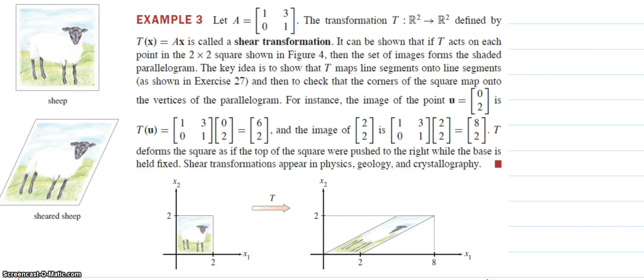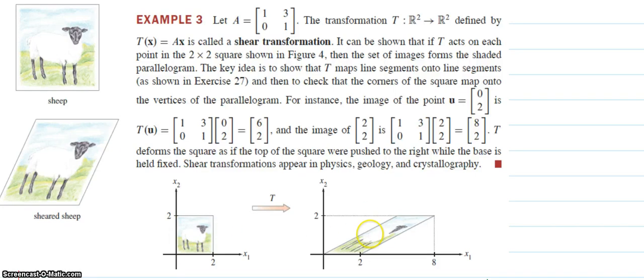That also produces a shear transformation, as you can see here on the left. That's what it's doing, a sheared sheet going to the right. They define T from R2 to R2 as such. And it says here on the second line, it can be shown that if T acts on each point in the 2 by 2 square shown in the figure, then the set of images forms the shaded parallelogram.